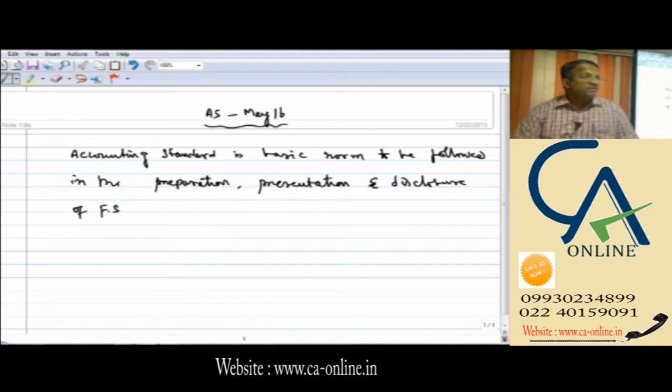FS stands for financial statement. This is a basic norm to be followed in the preparation, presentation and disclosure of financial statements by all entities, by all entities falling in that particular jurisdiction.